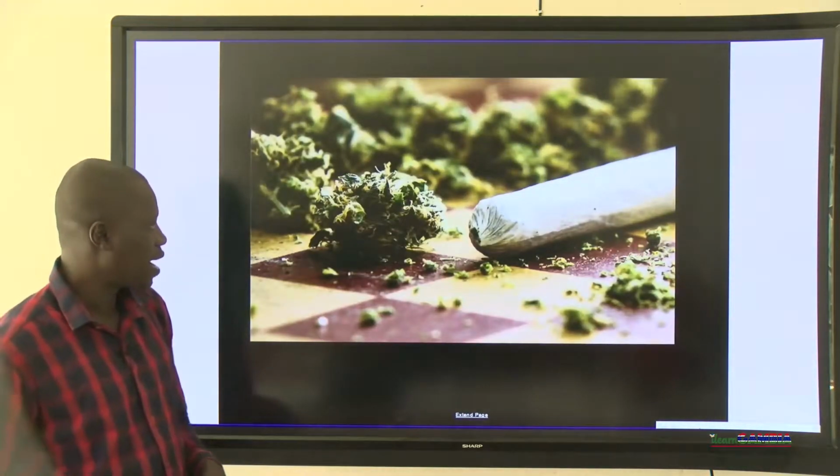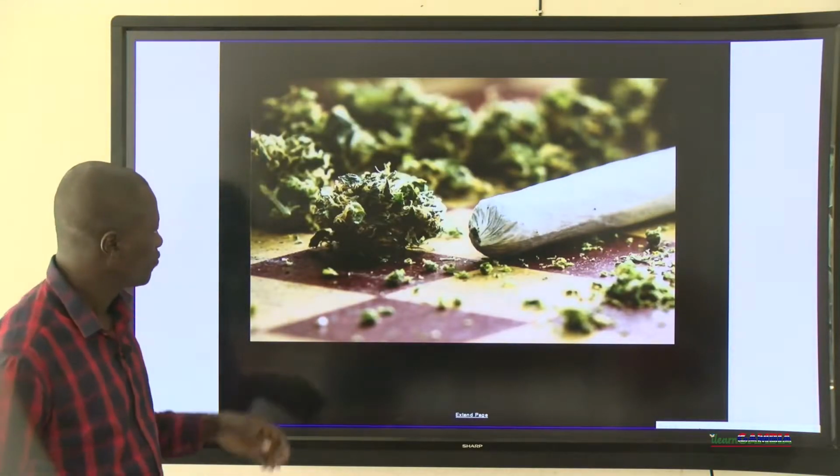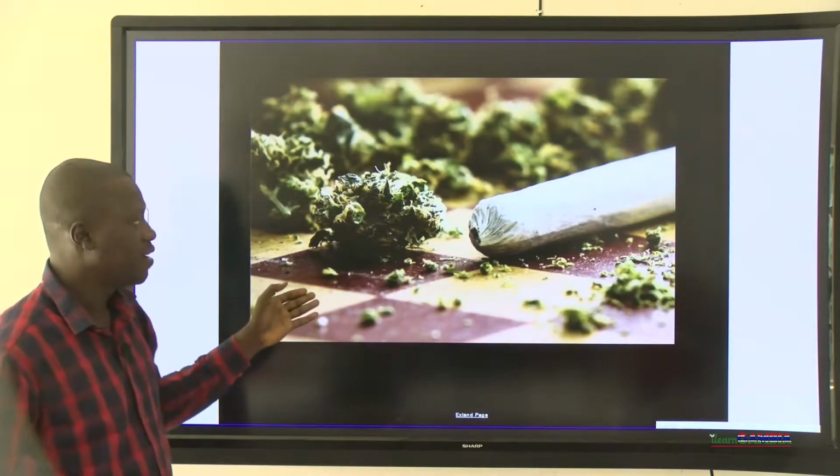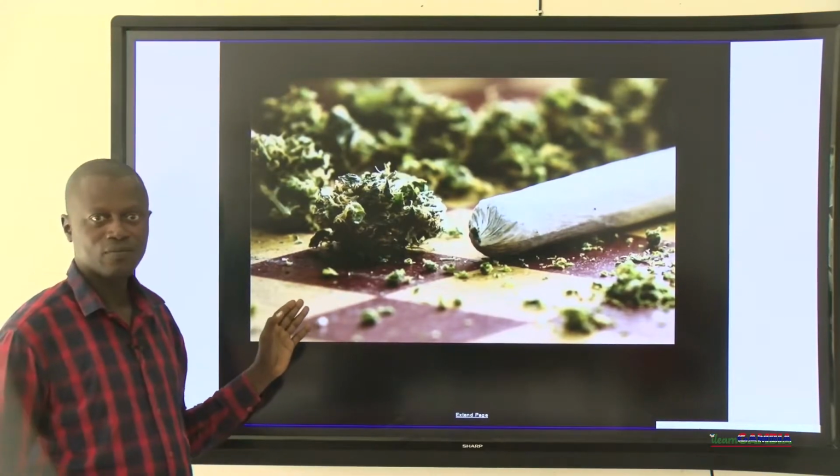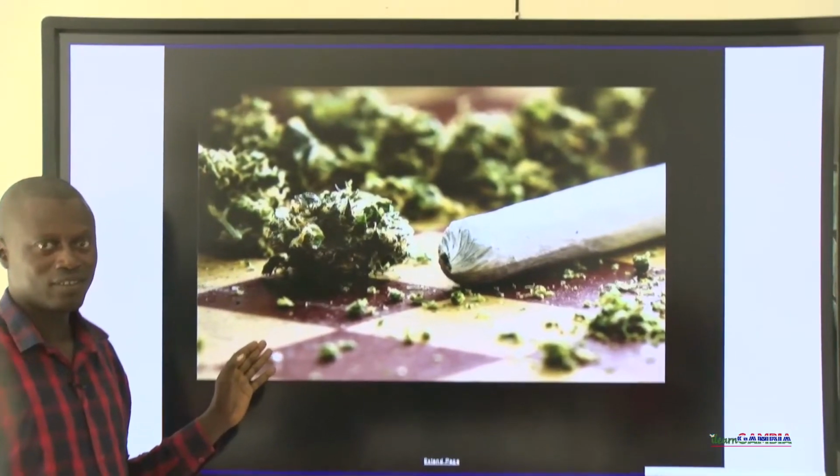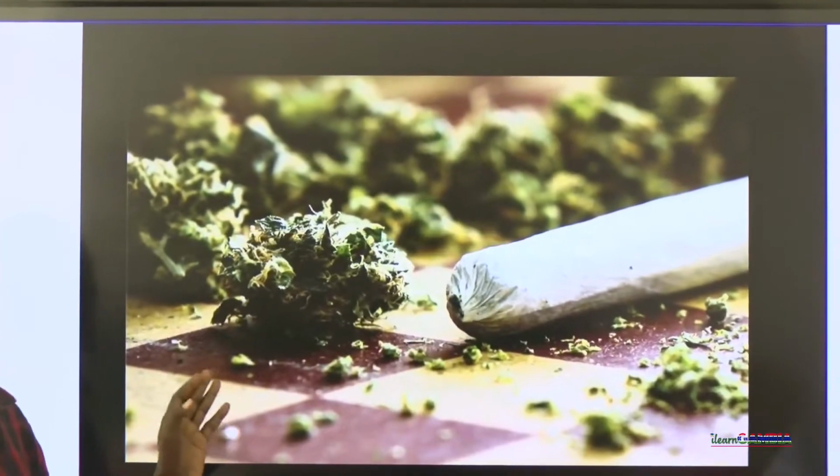Now, what are you seeing here? We are seeing one of the drugs commonly abused in the Gambia. And as we go through the slides, you will see the names of various substances abused in the Gambia.